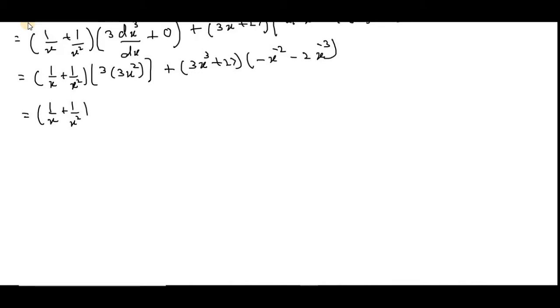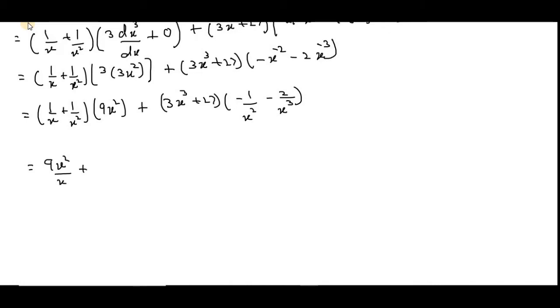Now 1 over x plus 1 over x square, 9x square, plus 3x cube plus 27 and minus 1 over x square minus 2 over x cube.